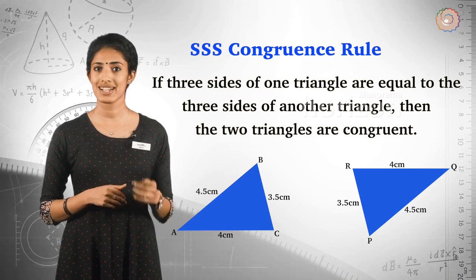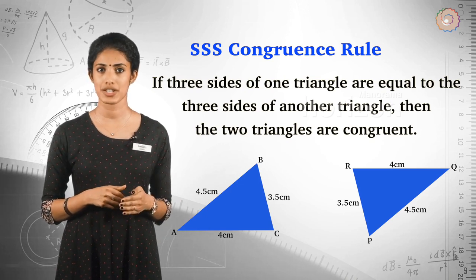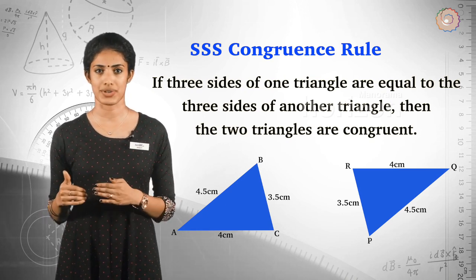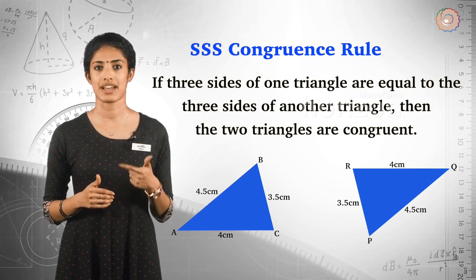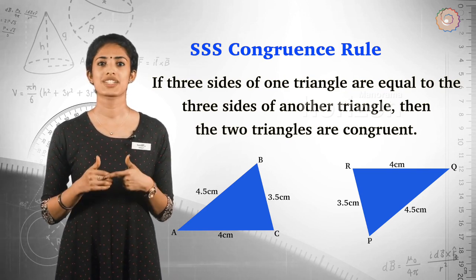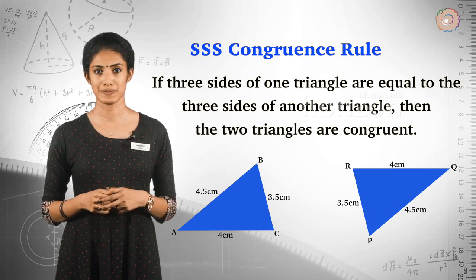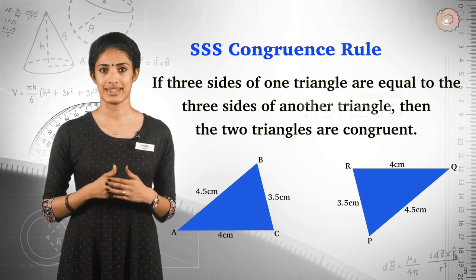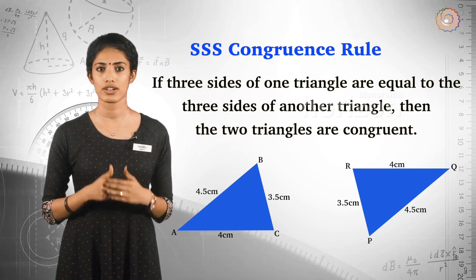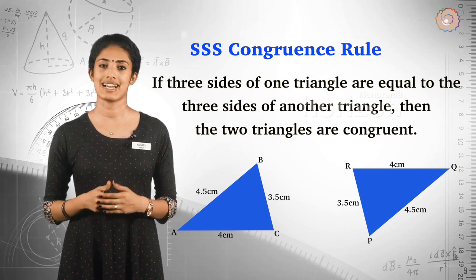Here, you have one side with 4.5 centimeter, which is the same as in the other triangle. Similarly, you have sides 4 centimeter and 3.5 centimeter, which are the same as in the second triangle. So, from this scenario, we can conclude that both the triangles are congruent with respect to the SSS rule.